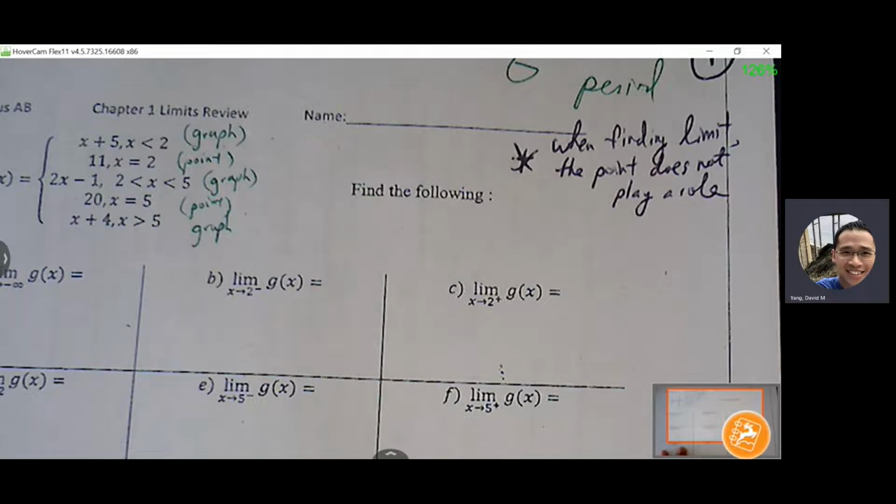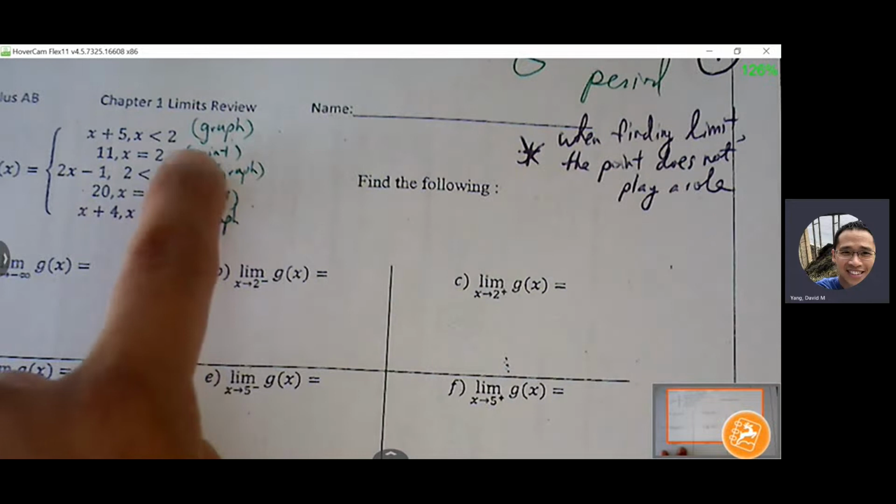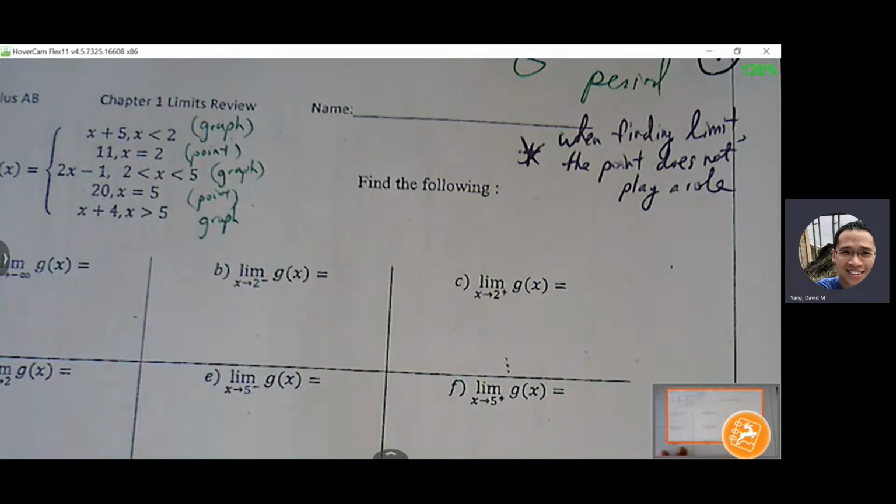Just like how we did on the quiz, whenever I asked you for the limit, you always looked at both sides of the graph and you looked to see where the arrows are headed. You never looked at where the point was occurring, even though there may be a hole in the graph. You're looking at your connected parts of graph. So whenever they're asking for limits, we don't want to get thrown off by the points. You want information around the point. You don't care about the point itself.